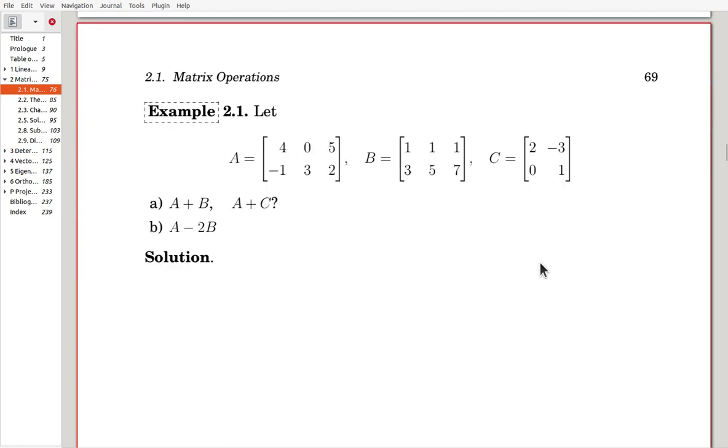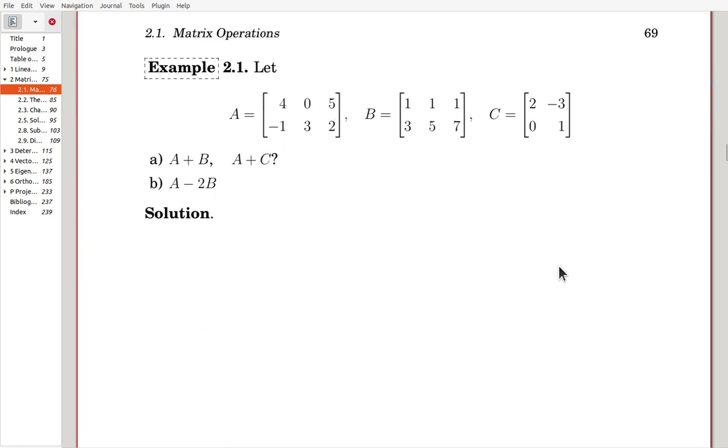Let's see an example here. Three matrices A, B, C are given, and we'll try to add and do some scalar multiplications. For instance, we start with A plus B. Now we have A and B, and they have the same size, so in this addition we add the corresponding entries.